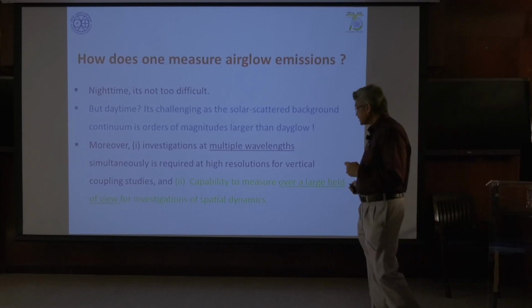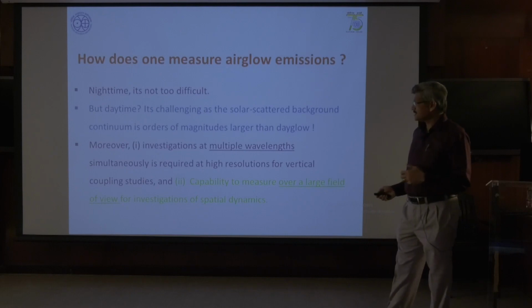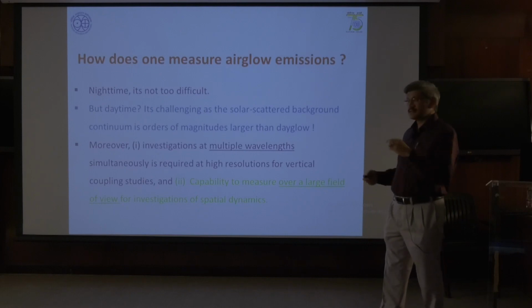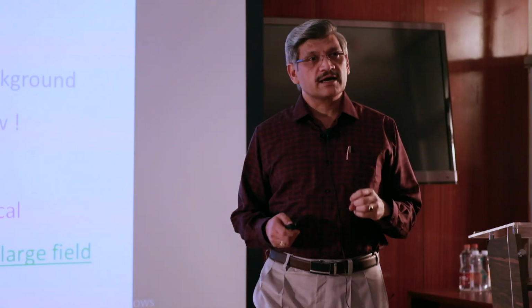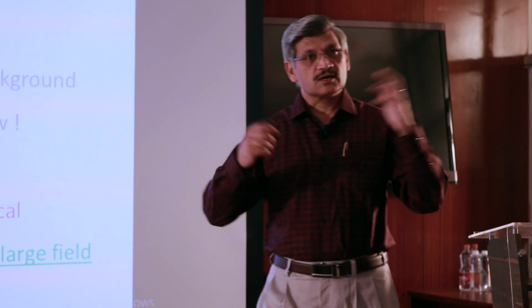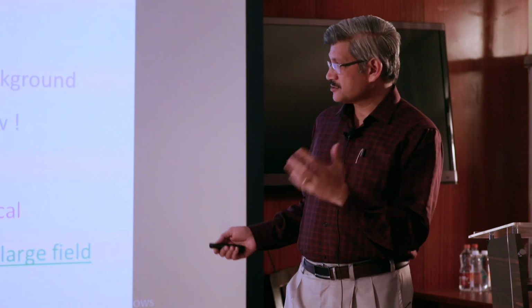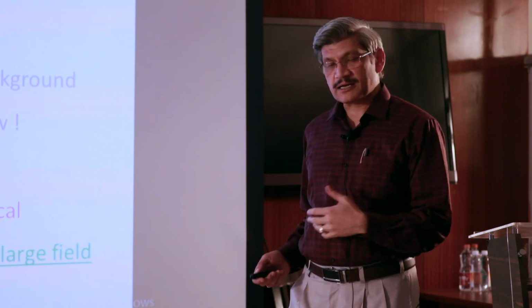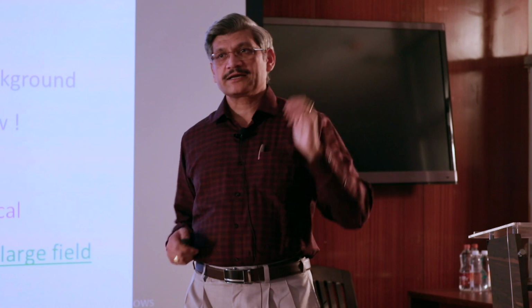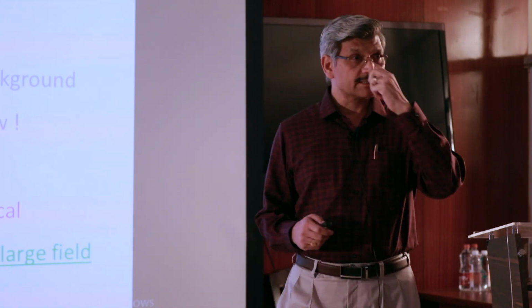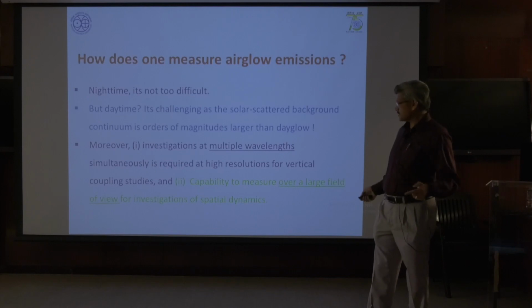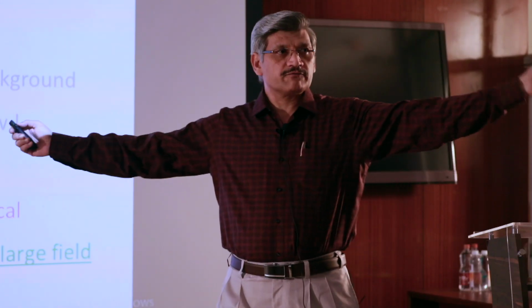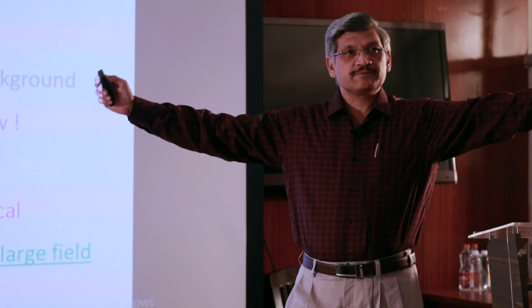But daytime is challenging, as the solar scattered background is orders of magnitude larger than the day glow, and therefore it is required that we carry out high spectral resolution measurements to cut out the background. Also, because we are looking at multiple wavelengths that emanate at different altitudes, we would like to study multiple wavelengths at the same time. And we also want a large field of view, so that we can study spatial variations of what is happening.